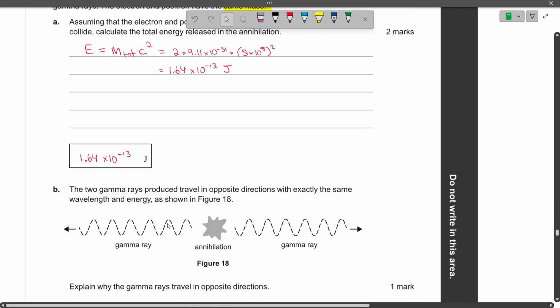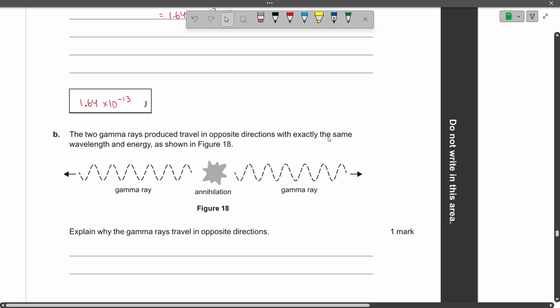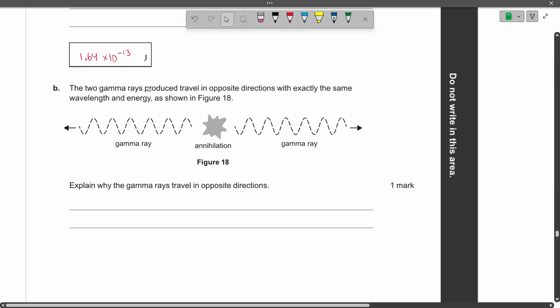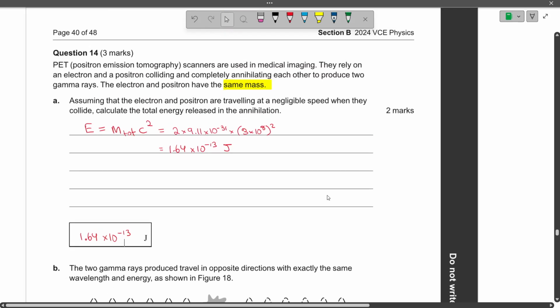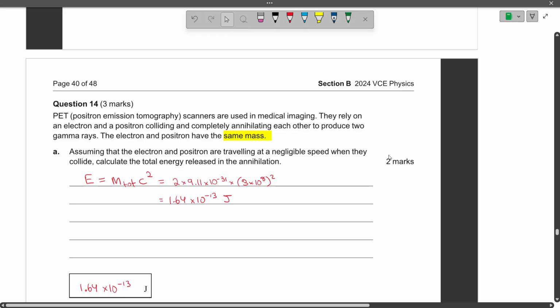The two gamma rays produced travel in opposite directions with exactly the same wavelength and energy, as shown in figure 18. Explain why the gamma rays travel in opposite directions. Well, when I saw this, I thought, okay, there are two objects colliding. These two objects have the same mass.